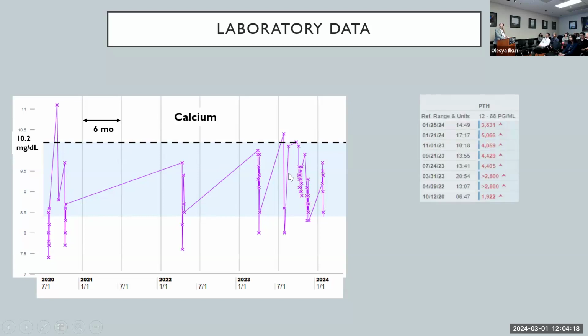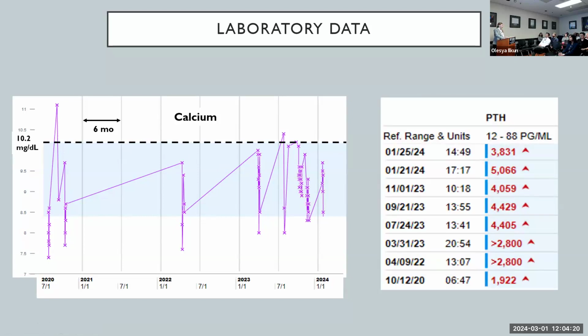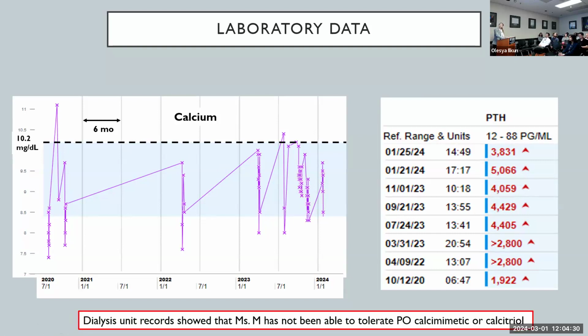But what was pronounced was her level of PTH. Ever since she presented here for the first time, her PTH was over 1900, and why would that be the case? The review of dialysis unit records in town showed that she was not able to tolerate oral calcium or oral activated vitamin D.